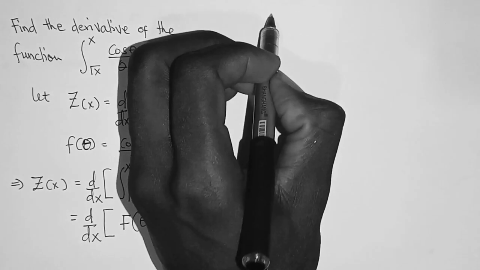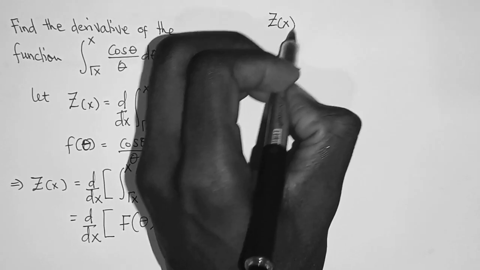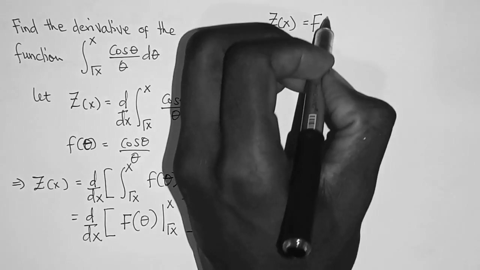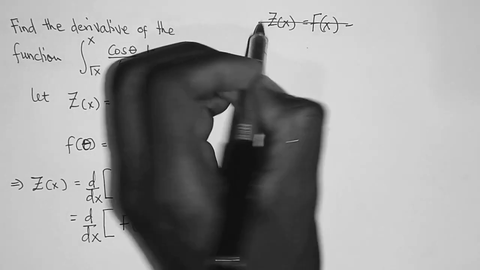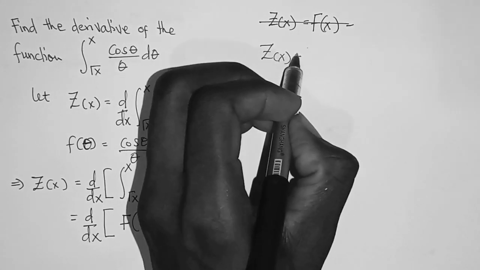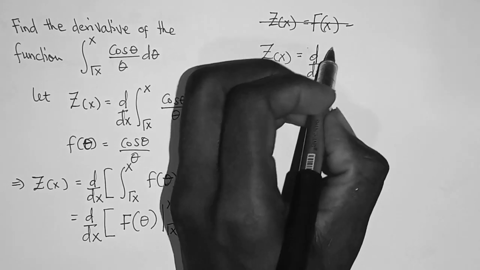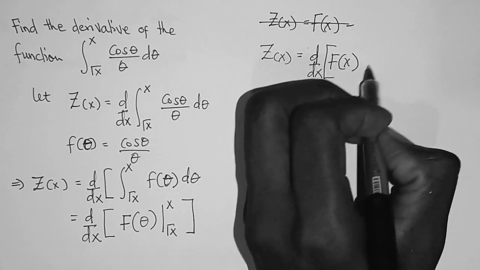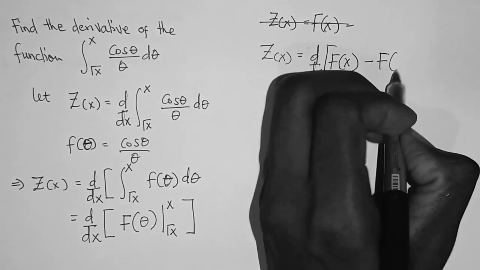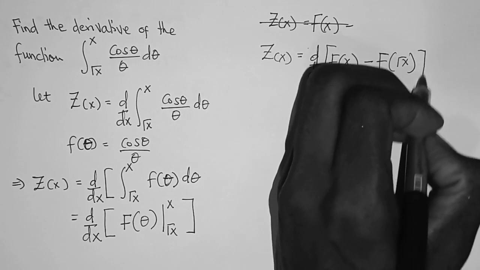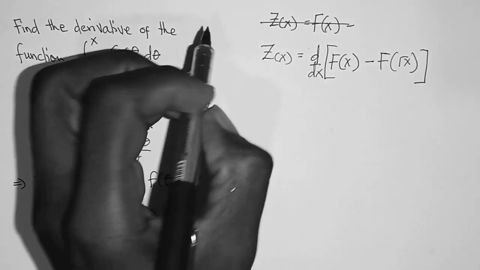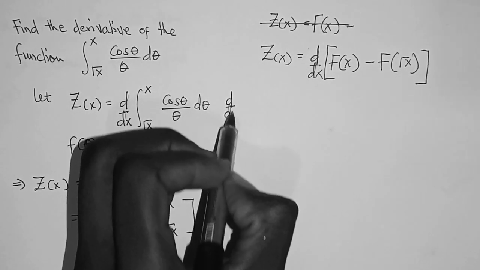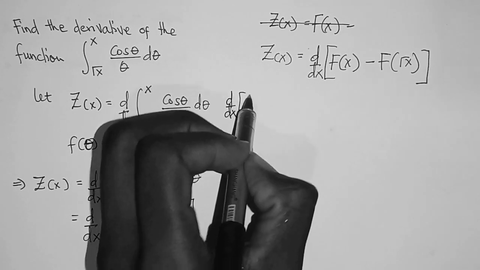So capital Z of x is equal to d dx of F of x, then minus F of square root of x. Now let's do something at the side here. What is d dx of root x?